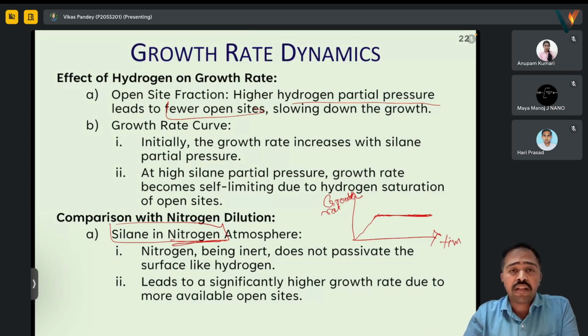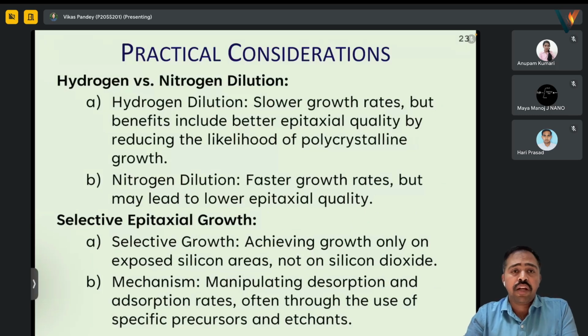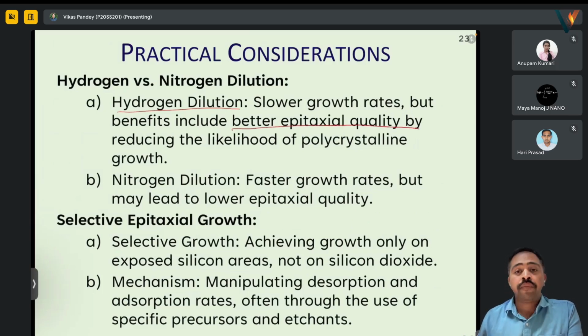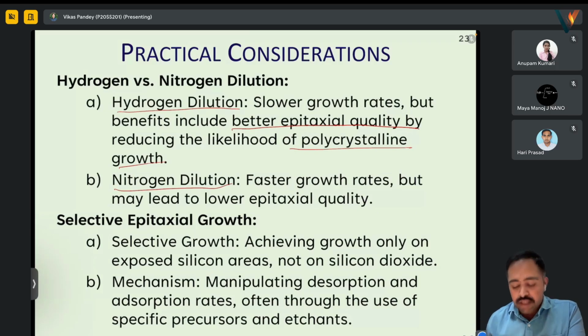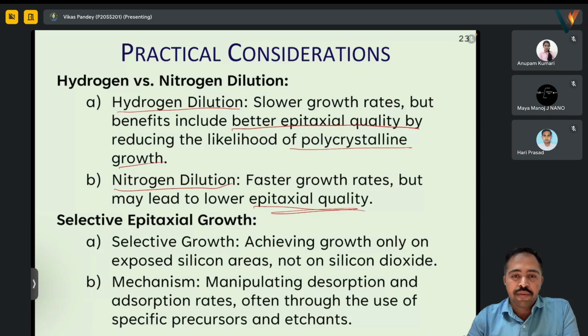But what are the practical considerations when we are mixing hydrogen and nitrogen? If we are going for hydrogen dilution, the rate of growth is slower, but the epitaxy is better because there is less likelihood of polycrystalline growth. Whereas if we are using nitrogen dilution, the growth rate will be higher, but the epitaxy quality can be a bit lower.